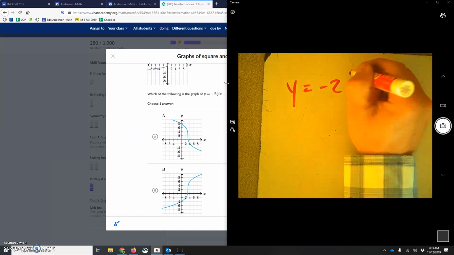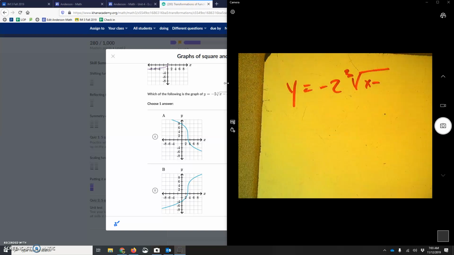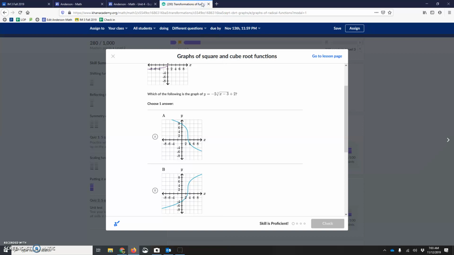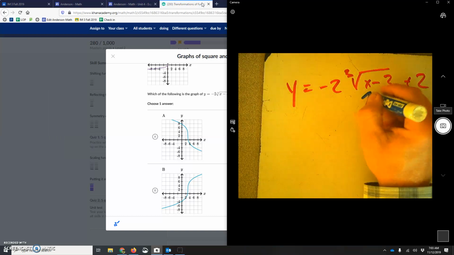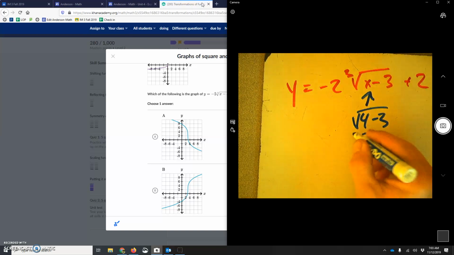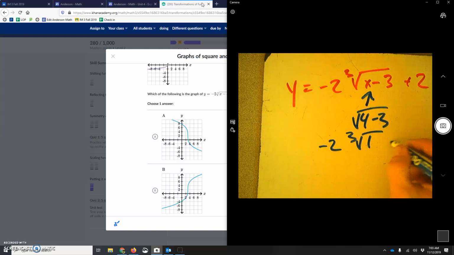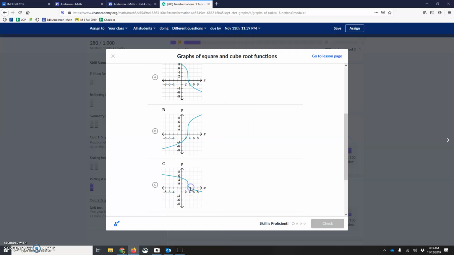I'm writing down the equation, cube root of x minus 3, plus 2, and plugging in the value of 4. So 4 minus 3 is 1. The cube root of 1 is 1. 1 times negative 2 is negative 2, and negative 2 plus 2 is 0. So 4 going to 0, it is C.